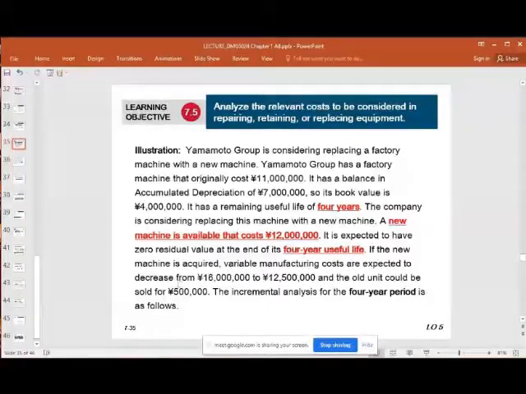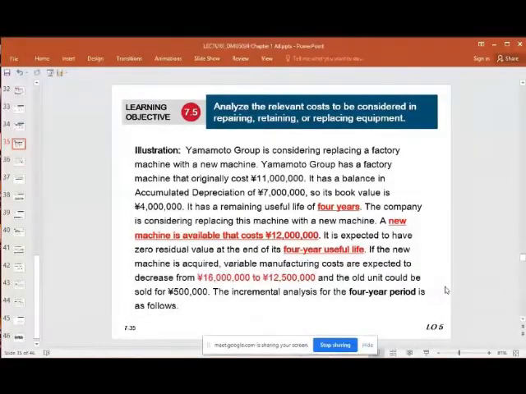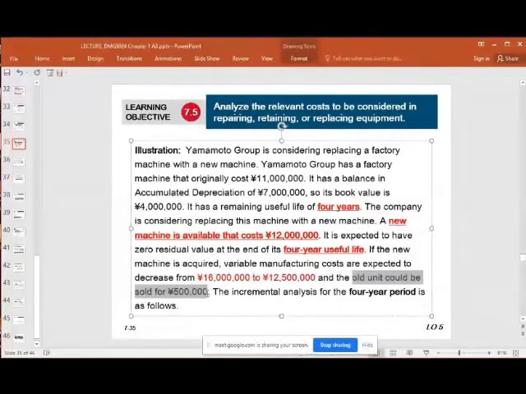So if the new machine is acquired, variable manufacturing cost is expected to decrease from 16 million to 12.5 million. And the old unit can be sold for 500,000. Okay, this 500,000 will be your salvage value, or we call it as residual value.